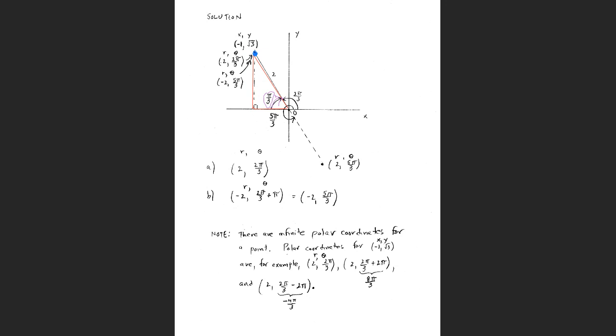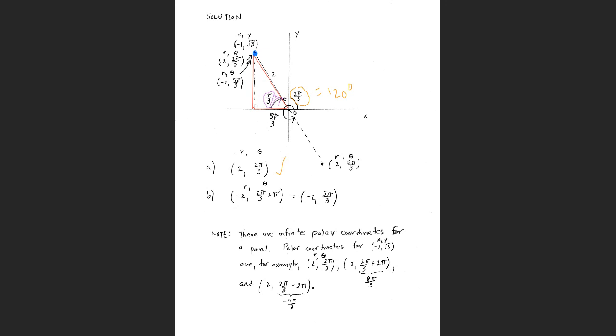Now if we want to think in terms of polar coordinates, to get to -1, √3, I can move an angle of 2 pi/3, which is 120 degrees, and then move forward a radius of 2.